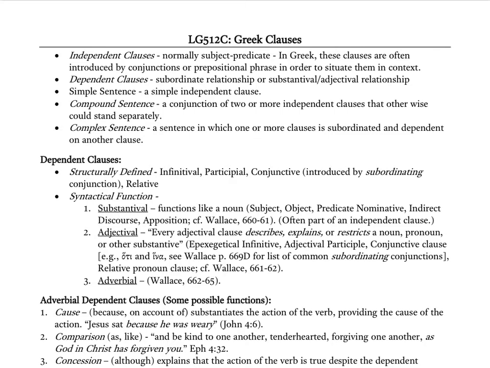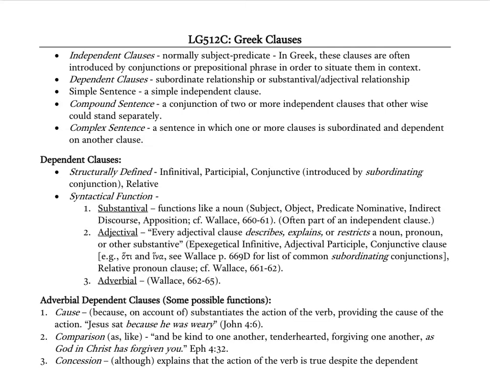Also, a simple sentence is just a simple independent clause. A compound sentence is a conjunction of two or more independent clauses, and a compound sentence is different than a complex sentence. A complex sentence is a sentence in which one or more clauses is subordinated and dependent on an independent clause.